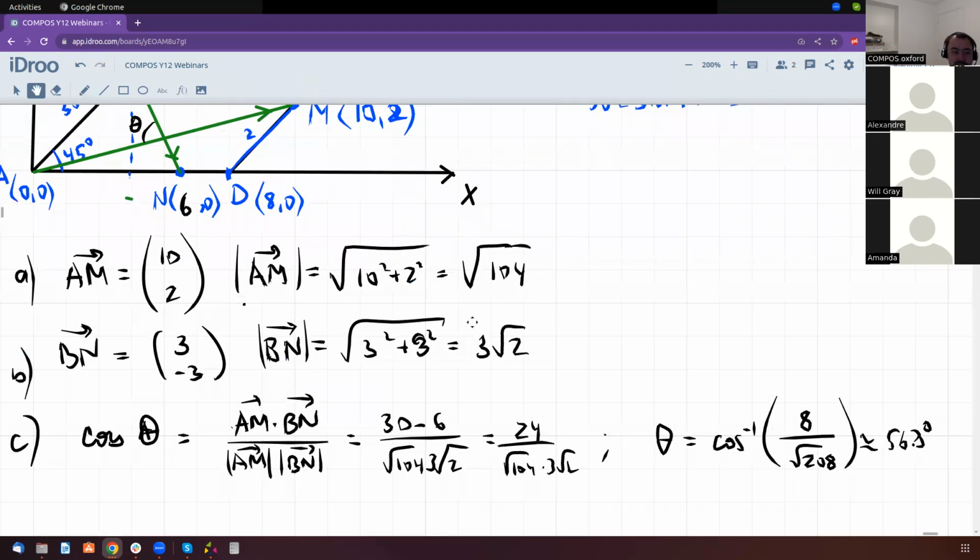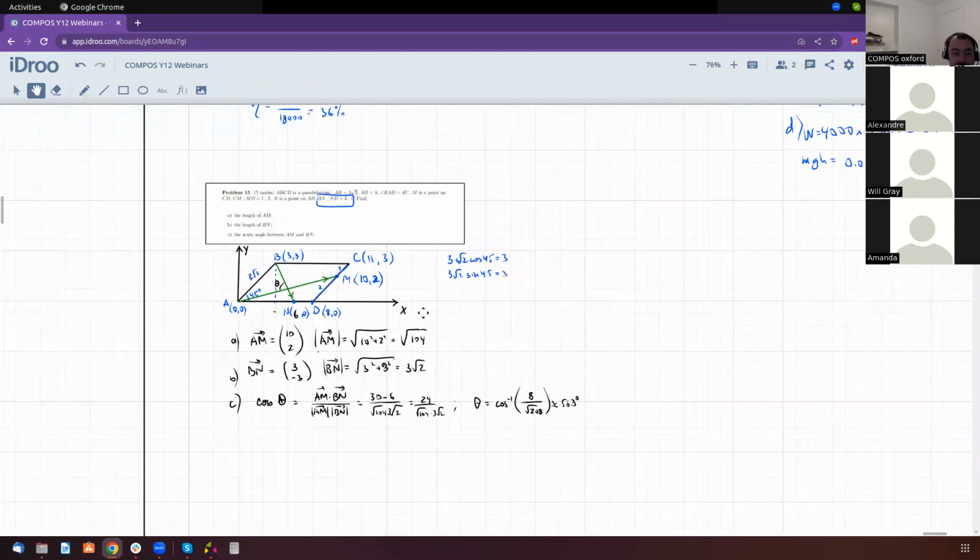Okay, any questions here? This is using the coordinate method, so I'm using vectors. Vectors is part of the coordinate method. You don't have to do it like this, but it's very useful when you're not given the coordinates, but you can introduce them and solve pretty much any problem.